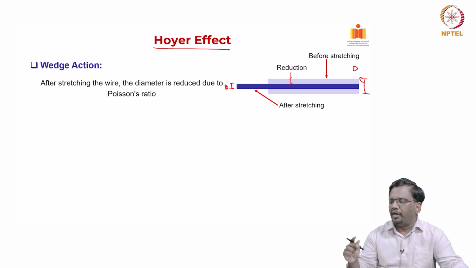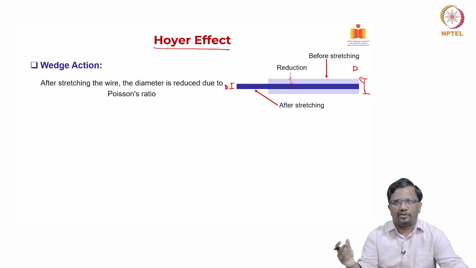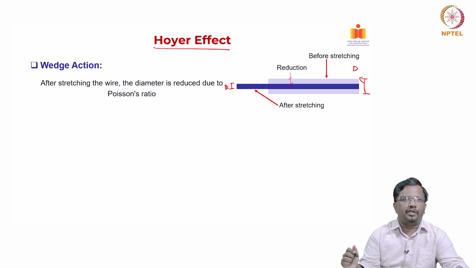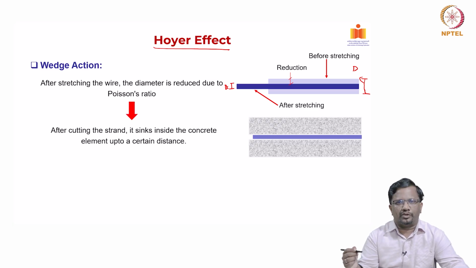During the process of stretching, the diameter of the wire or the strand gets reduced. So, there is a reduction in diameter because of the Poisson's effect. We know what the Poisson's effect is.